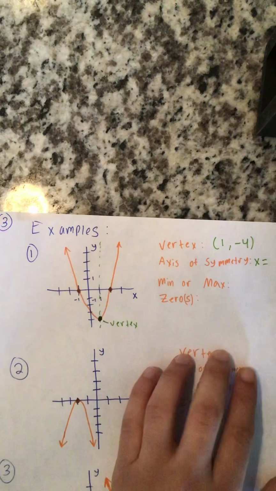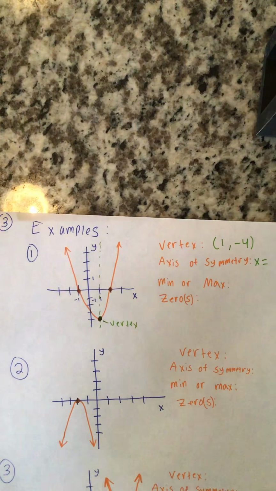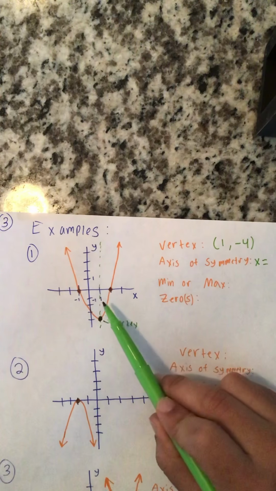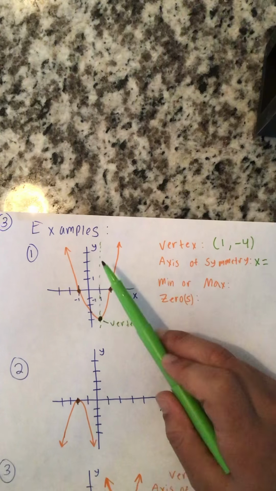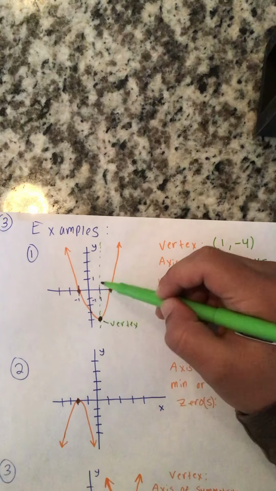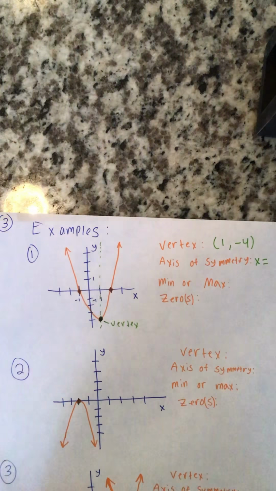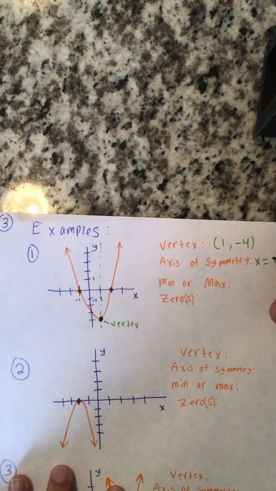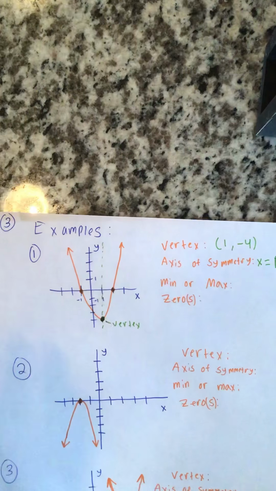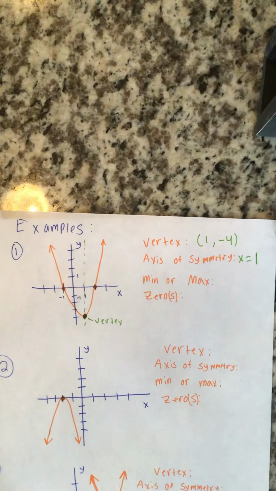So it's going to be x equals, and then the x value that the line goes through, okay? So if I look at this imaginary vertical line, I drew it straight through 1, okay? So the axis of symmetry is going to be x equals 1.